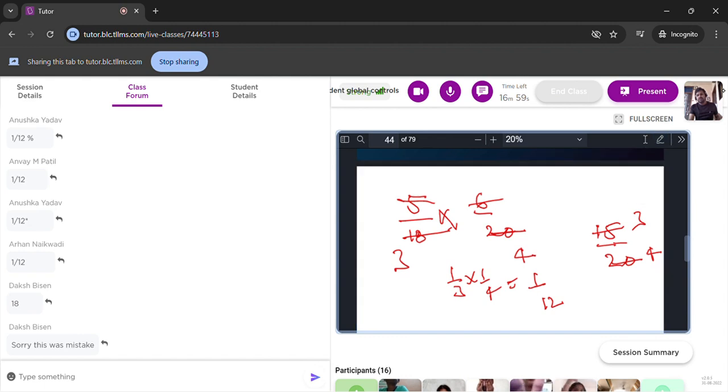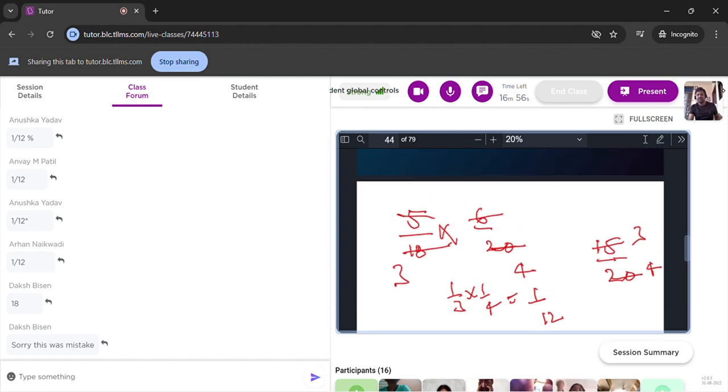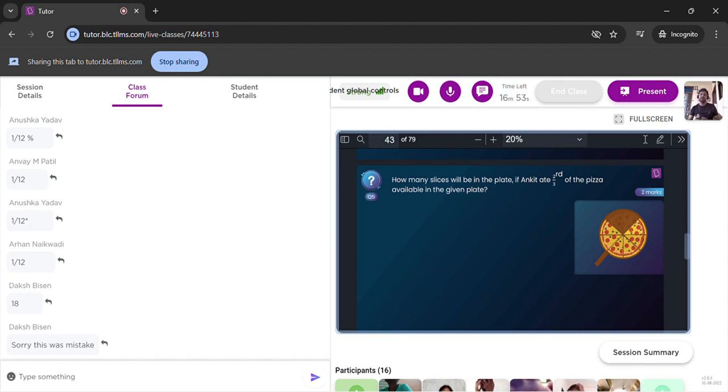Now you have to follow the same procedure whenever you have to multiply any two rational numbers. You have been given one more question: how many slices will be in the plate if Ankit ate 2 by third of the pizza available in the given plate?